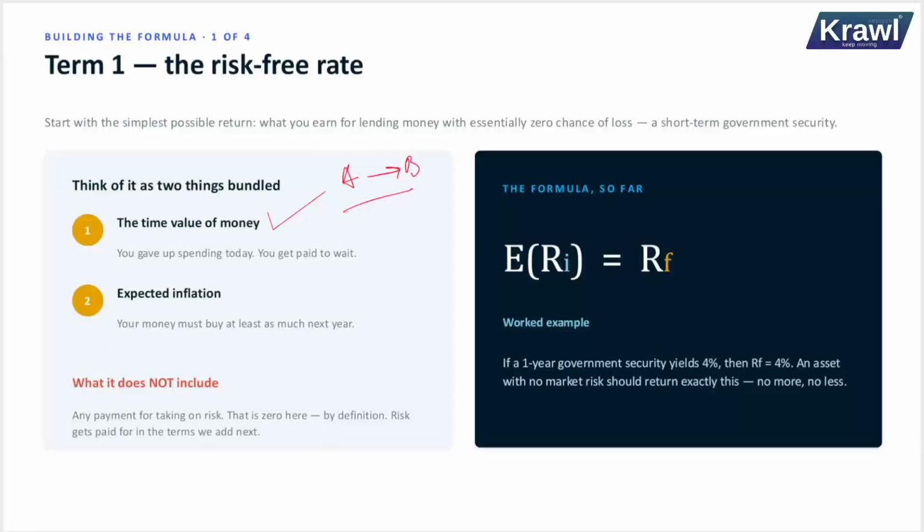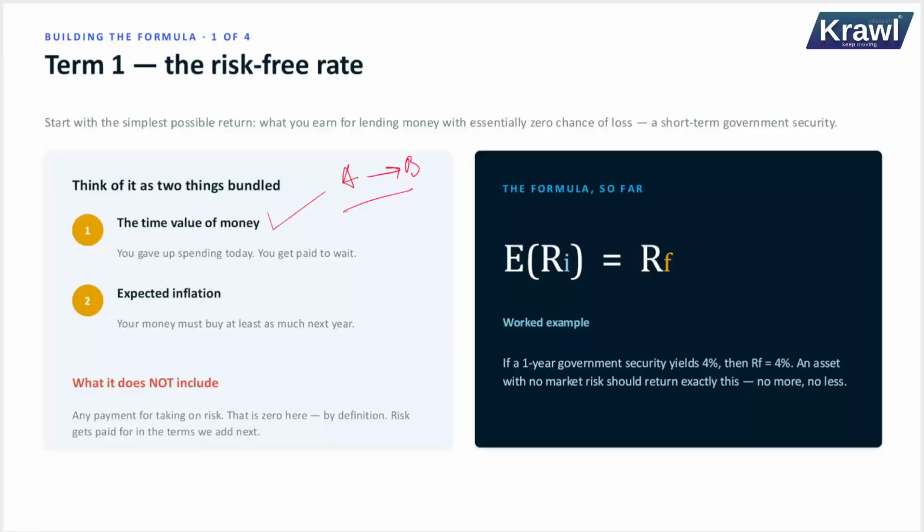So if you are in the US and you look at the securities issued by the US government, which is a short-term government bond, and you look at the return quoted in front of those bonds, and it is quoted at say 4%, then your risk-free rate is 4%. It's very simple. It's essentially finding the right reference, and that is your risk-free rate.